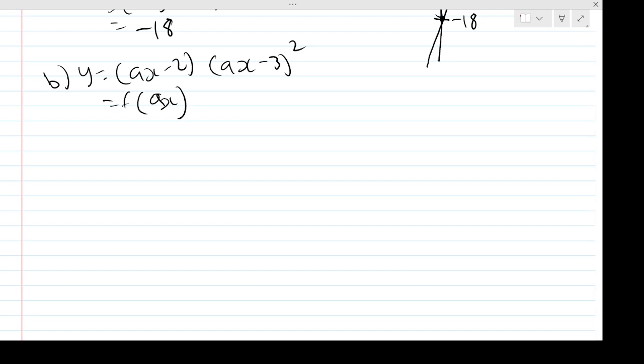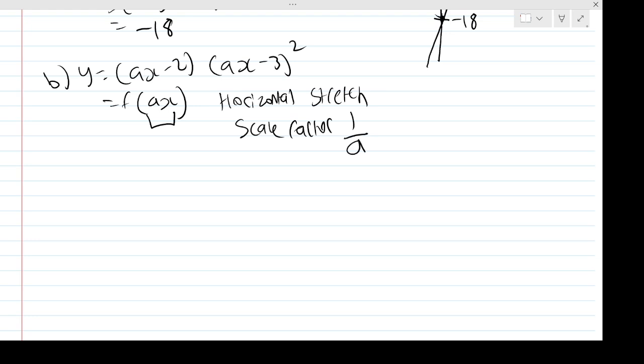And so that would be what we then call a horizontal stretch. Remember, what we do inside the bracket, we do the opposite to what we expect. So instead of multiplying the x values by a, I divide by a. So that would be a horizontal stretch, with a scale factor, which means what we multiply the x values by is not a, it's 1 over a, which is the same as divided by a.